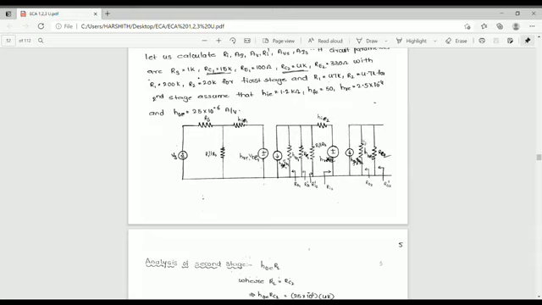Input is the base. In CE configuration, input is base. So IB current is flowing. This resistance is the hoe and the resistance is RC2. In this, C2 capacitance is there and it is short circuited.